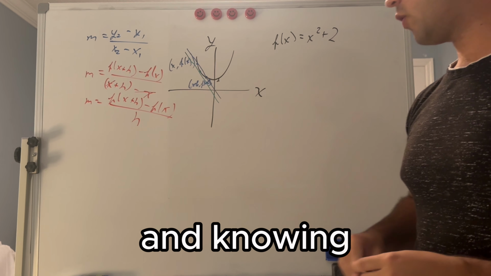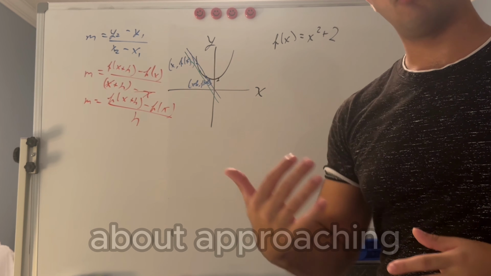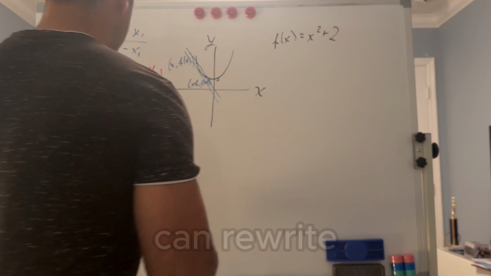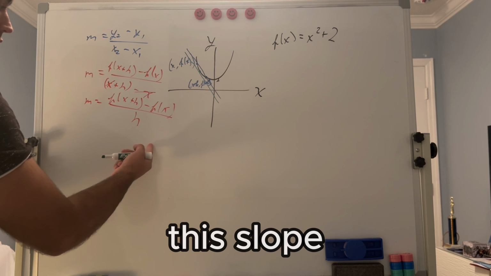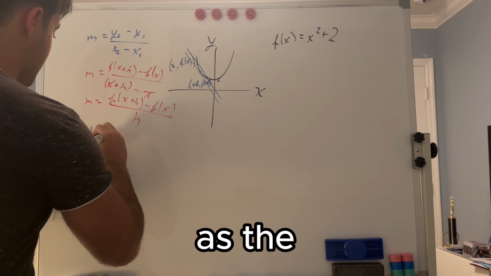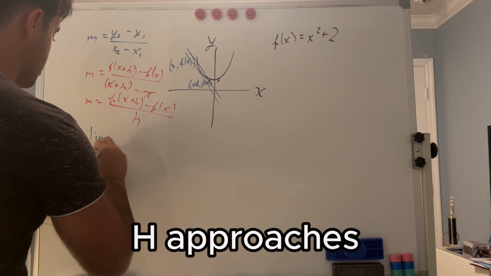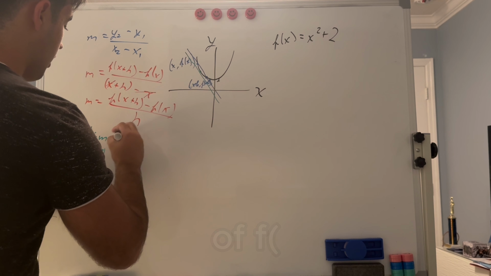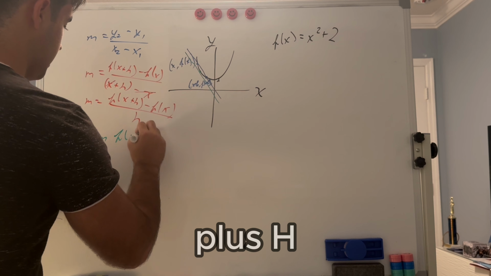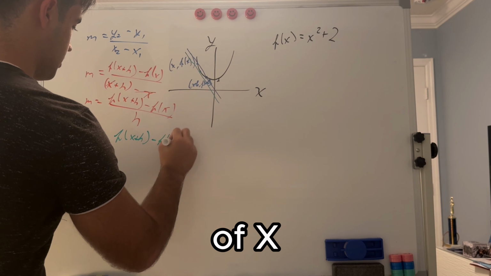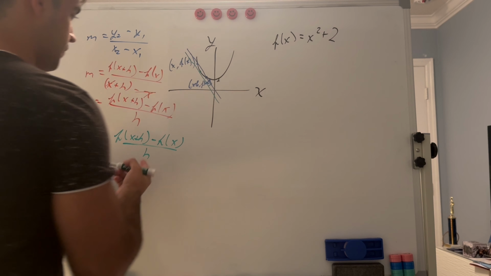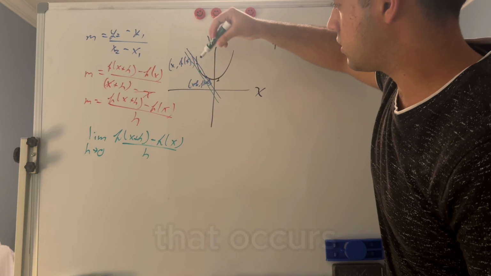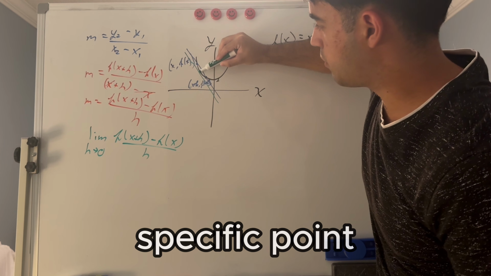And knowing what we know about limits, limits are about approaching a certain value. So we can rewrite this slope formula as the limit as h approaches 0, because h has gone away here, of f of x plus h minus f of x over h. And this limit will show us the rate of change that occurs at this specific point on the function.